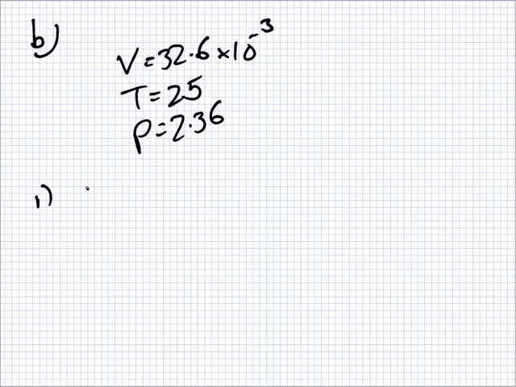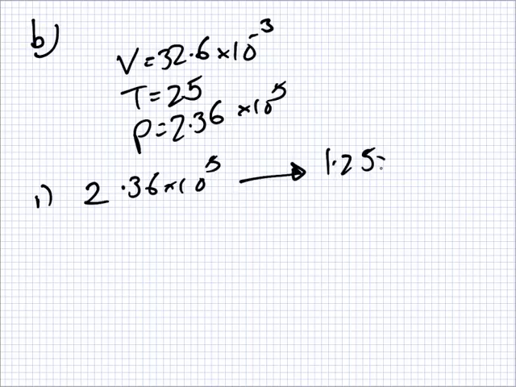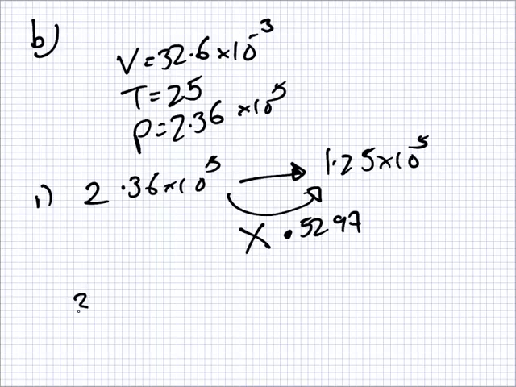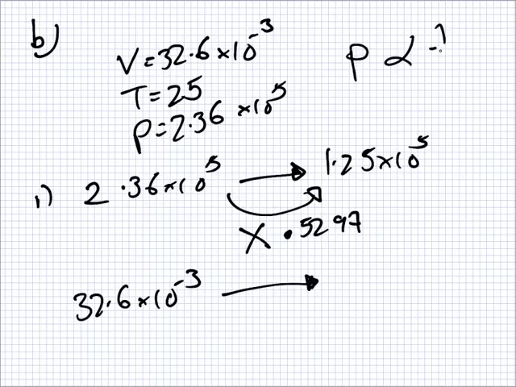The pressure, 2.36 times 10 to the 5 becomes 1.25 times 10 to the 5. This is like multiplying by 0.5297. So the volume, will it get bigger or smaller? Remember, the relationship is like this. Will the volume get bigger or smaller?